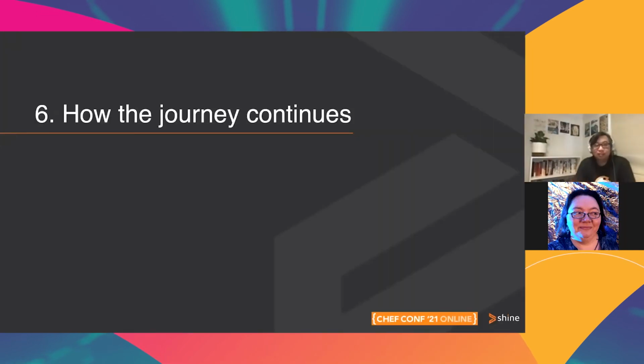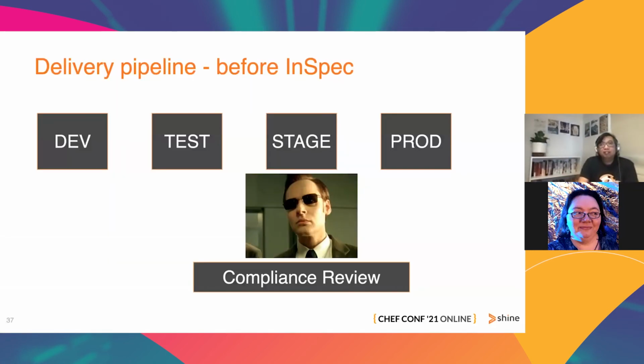So now, to close it off, how the journey continues from that point on, because obviously security, compliance, review, and improvements are all a journey. There's no finish line. If we compare that to how we started with the delivery pipeline before we introduced Inspect, we had someone from the Matrix show up one day before production and perform a number of compliance review checks for 3 to 5 days.